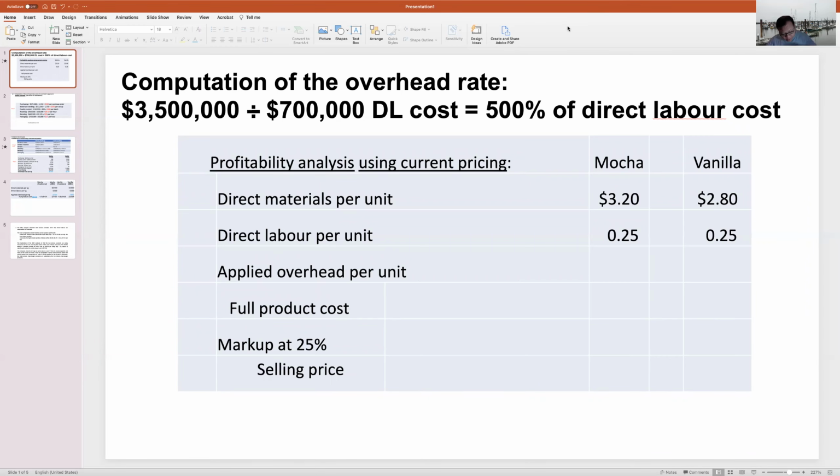In the question, there is a table on page 5-52. On that table, you can see that the budgeted overhead cost is 3.5 million. Since they are using direct labor cost as the cost driver, the budgeted direct labor cost totals 700,000.